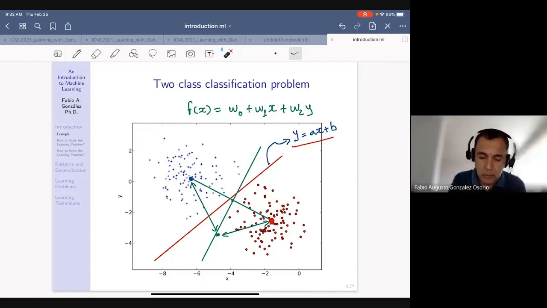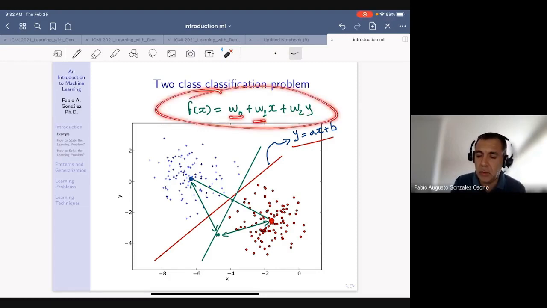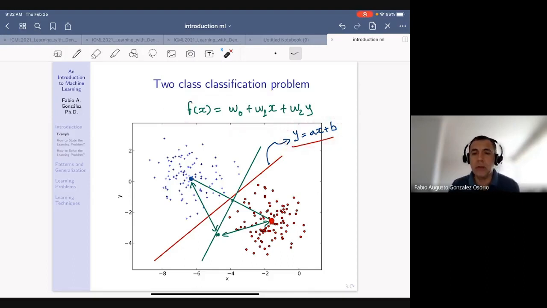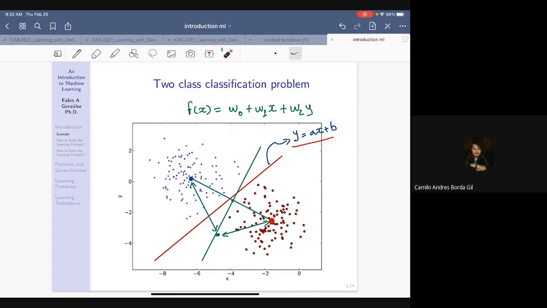Okay, I'll make my question more specific. Let's say I give you W0, W1, W2. This is going to define a boundary which is linear, right? From this one, I want to get this one. How do you get it? The x and y, it's a vector with all the features from x.